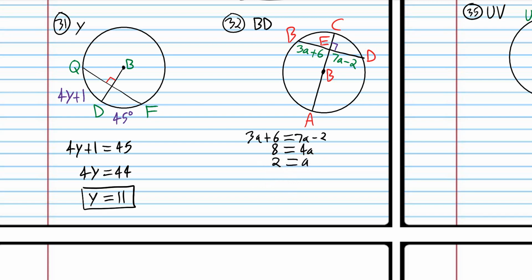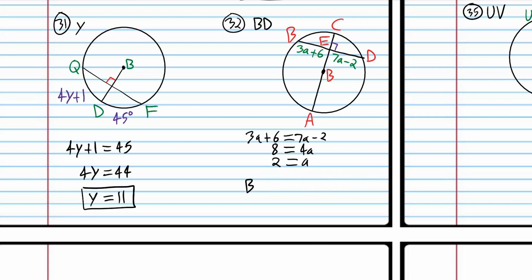So BD is equal to 2 times BE, which is equal to 2 times 3. You know, this is getting kind of complicated here. I'm going to do a little step by step.